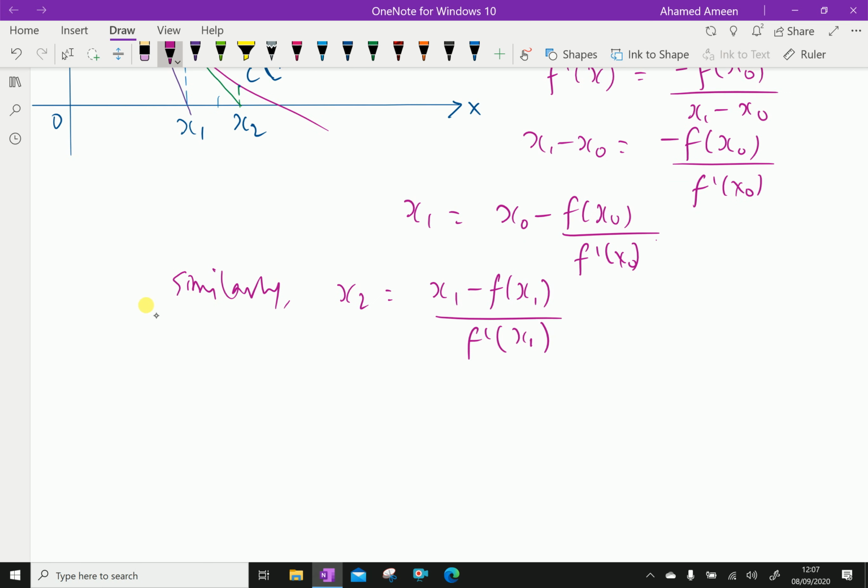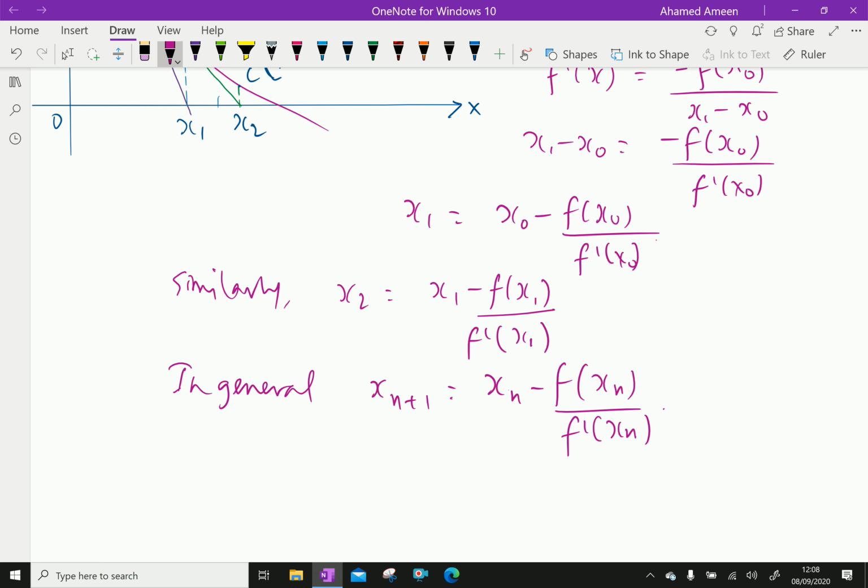Now in general we can write the recursive formula: x n plus 1 equals x n minus f of xn over f dash of xn.